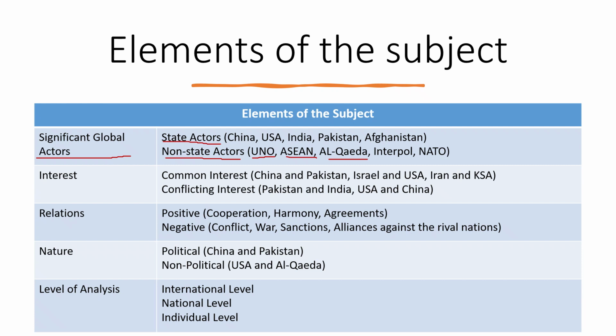Then we have Interpol, then we have NATO, all these significant actors that play some role in the world. And if that actor is not a state actor, then we call this actor a non-state actor. United Nations is a non-state actor. ASEAN is a non-state actor. And all other such actors are non-state actors. So these are the significant global actors.